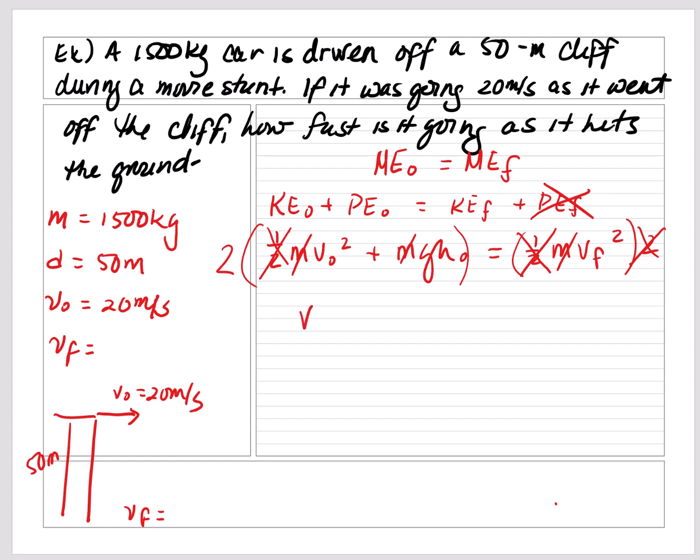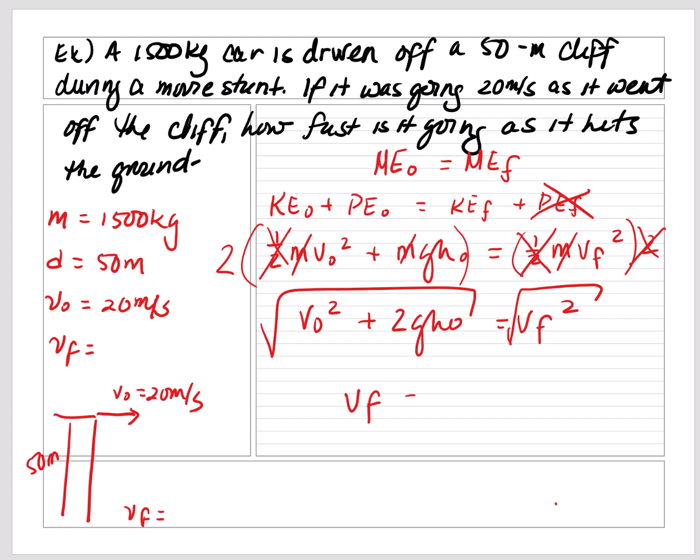So this becomes V naught squared plus 2GH naught equals V final squared. And then I have to take the square root. If you notice, this is the same equation as the previous one.